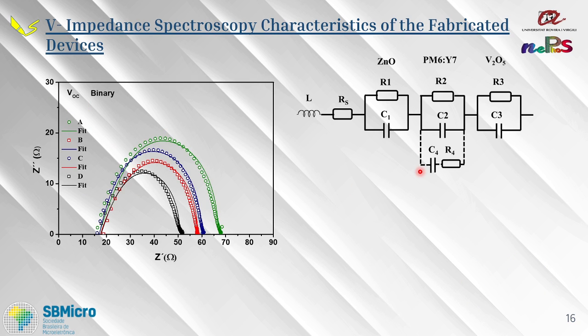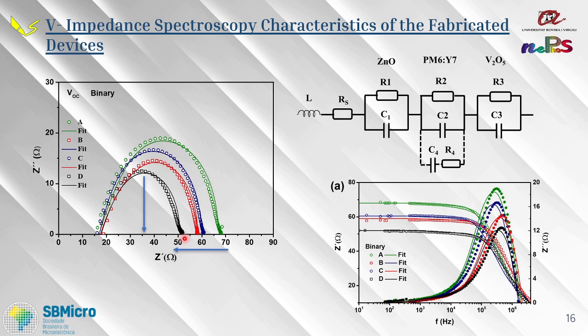Finally, using the Nyquist plot, we can see that from these additives we get less resistance, a smaller arc size, and less accumulation of the current, resulting in less resistance, as we see here from the Nyquist plot.